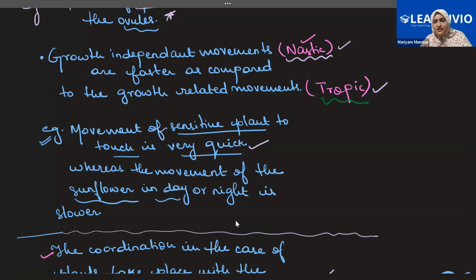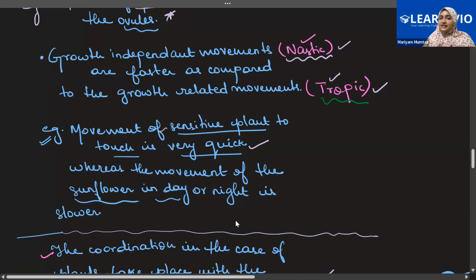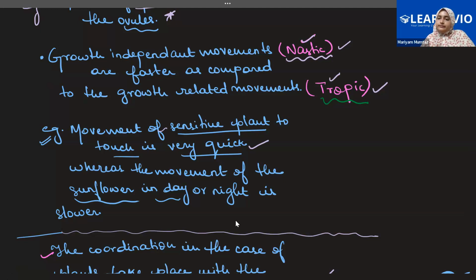The growth of the stem is slower. The growth of the root towards gravity is slower. So tropic movements will be much slower. Nastic movements will be much faster. Okay? Any doubts? No. All right, very good.